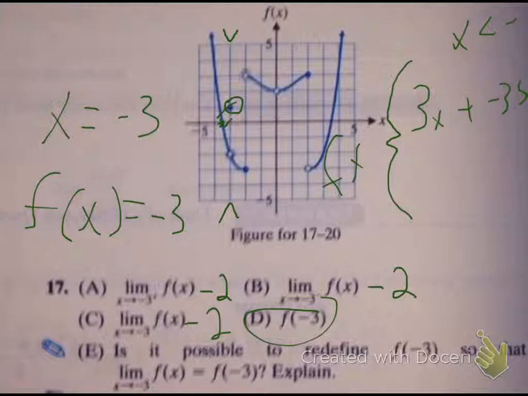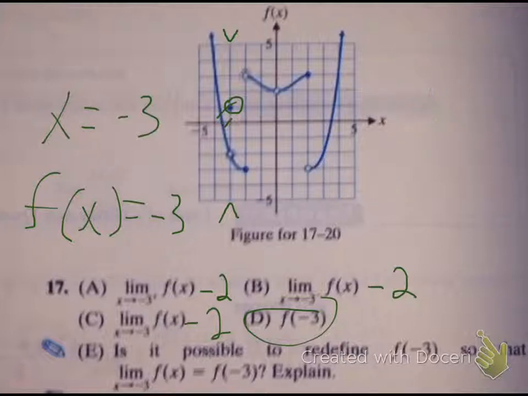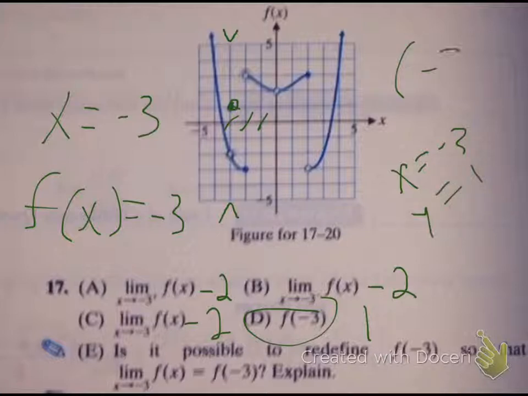So going back to D, it would actually be 1, because if x equals negative 3, 1, 2, 3, we see that there's that point, it's up 1, y equals 1. Could be written as negative 3, comma 1.